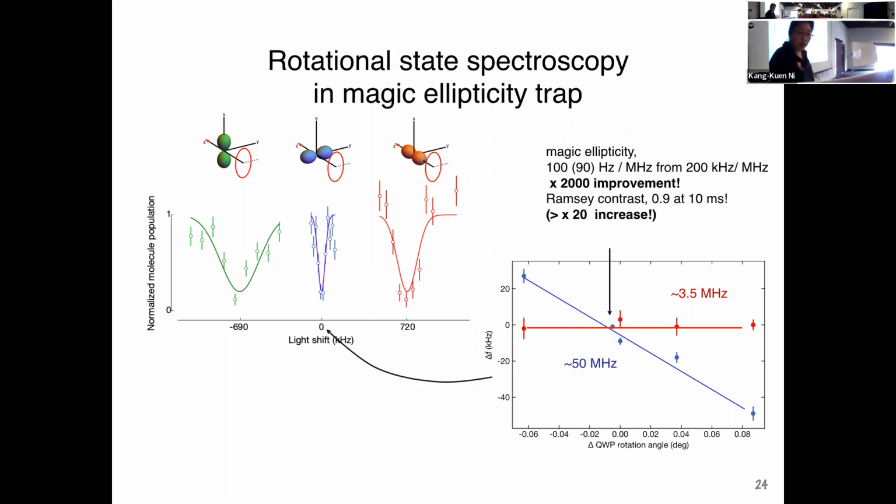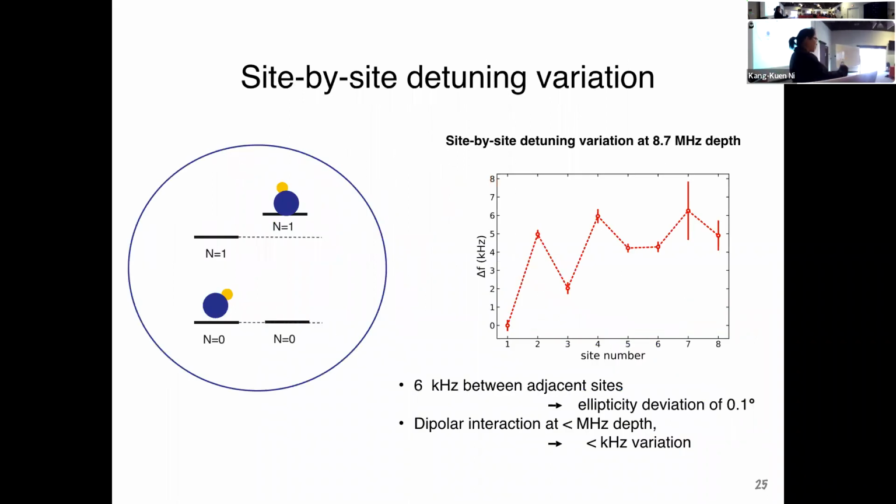Okay, so we work with an array of molecules. Some limitation could come from each site being slightly different, because the beam comes in at a slightly different angle, and from birefringent materials in our beam path. We characterized that a little bit by actually turning up our trap depth to be even larger so that we can actually see site to site variation.